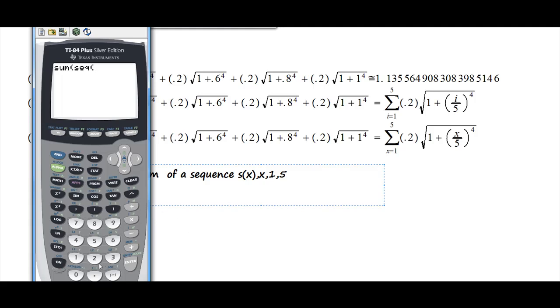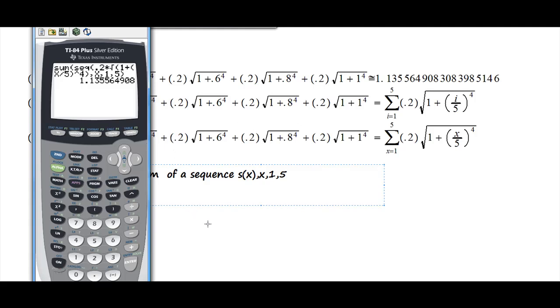And my sequence is defined by the square root of 1 plus x over 5, to the power 4. Then we have x here, and we are going from 1 to 5, and let's see what we get. Okay, we did pretty good. We approximately got the same value, and of course the Scientific Notebook took us much farther.